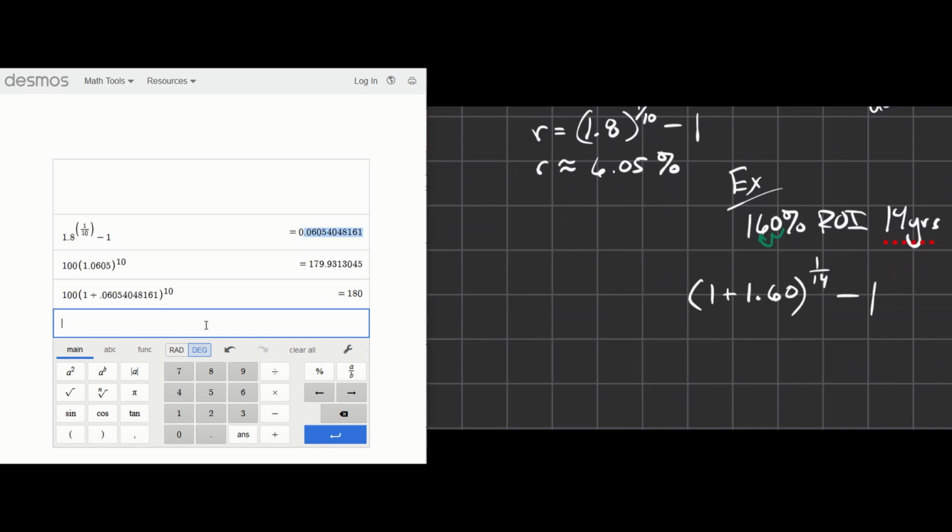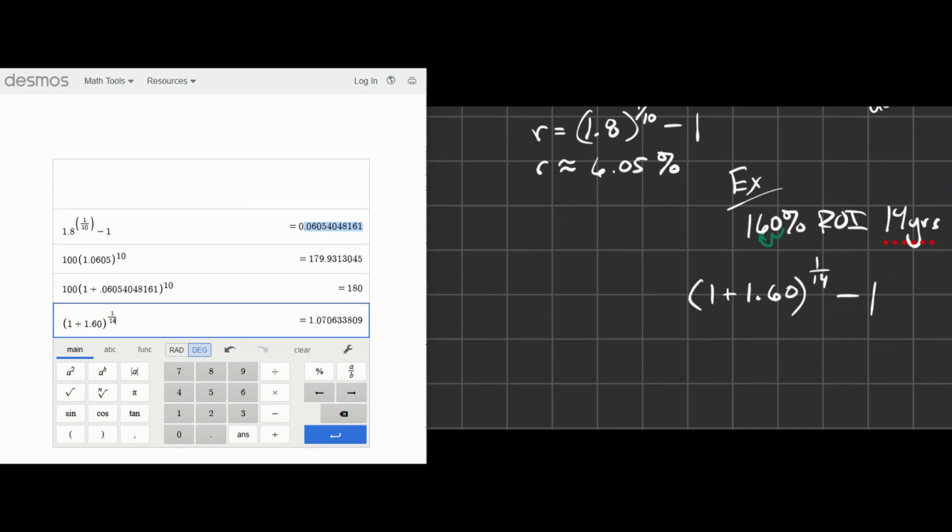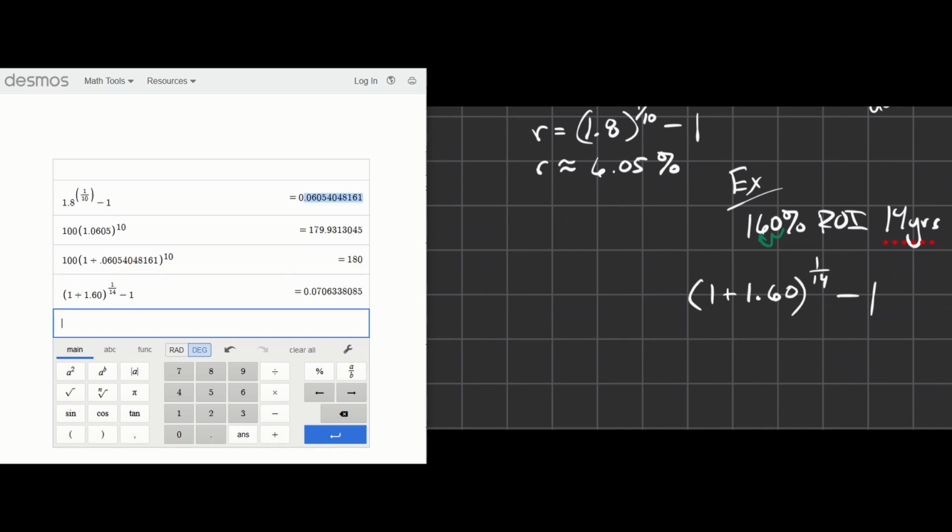And that should get it for us. So let's see what we got. So 1 plus 1.60 raised to the 1 over 14th power, and then we're going to subtract 1. So you would need approximately a 7.06% return every year in order to get the ROI that you're looking for.